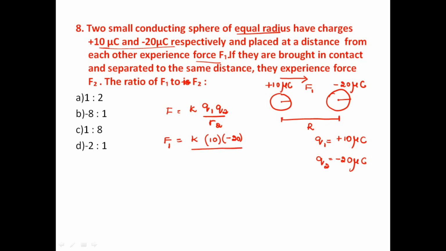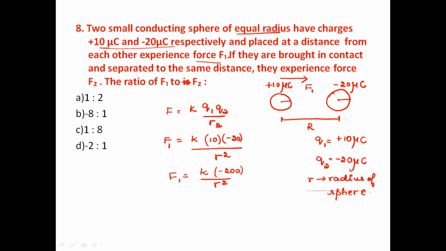Let me write that r as the distance between the spheres. Now I can write the expression for force as F1 is equal to K into minus 200 divided by r square. This is when the spheres are separated with a certain distance r.